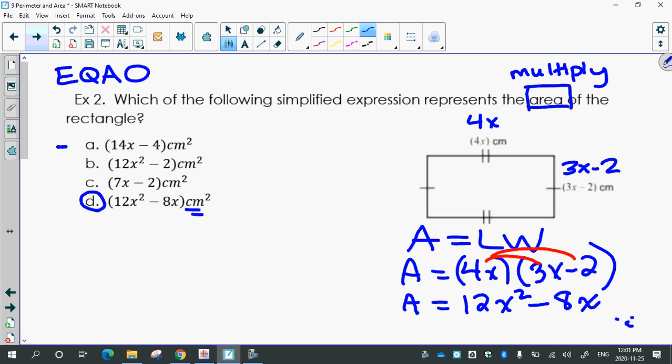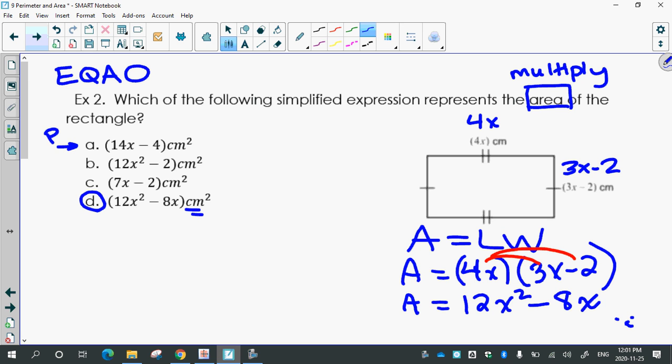They're sneaky. That would be if you found the perimeter instead. This one is if you just shook hands with the first person in the group and forgot the second person, you would have got the minus 2, which is another common mistake. And this one is if you just added the two sides together instead of multiplying them. They know all the common errors, and those are the other 3 answers.